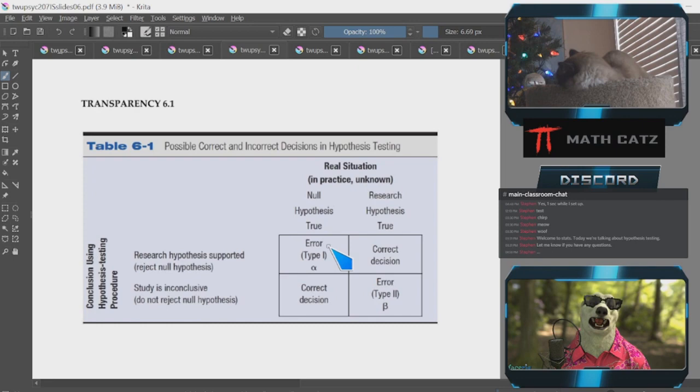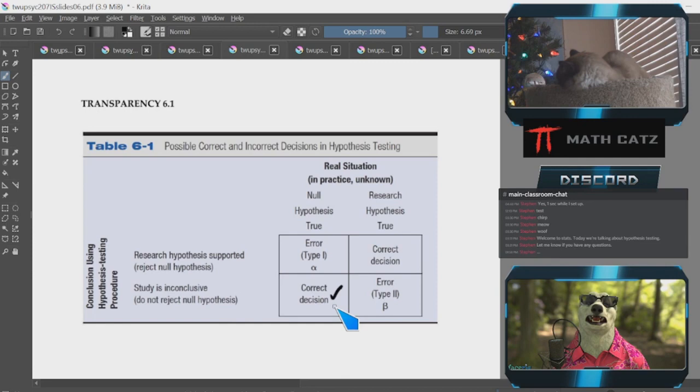That is a mistake. We'll call that a type 1 error. And we've seen before alpha is the probability then of being in that extreme cutoff region. Alpha will be the probability of making a type 1 error. Of course, if the null hypothesis is true and I'm not in that extreme case by way of my sample, we do not reject the null hypothesis and that decision is correct.